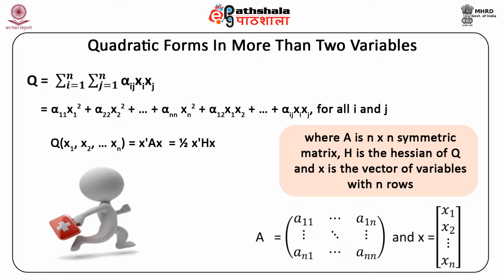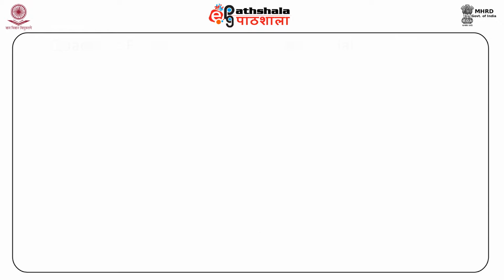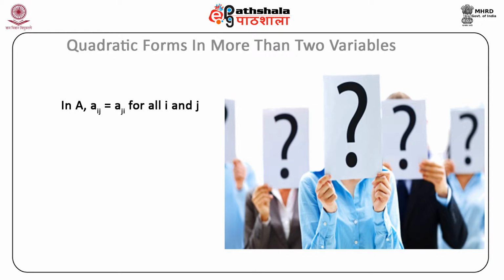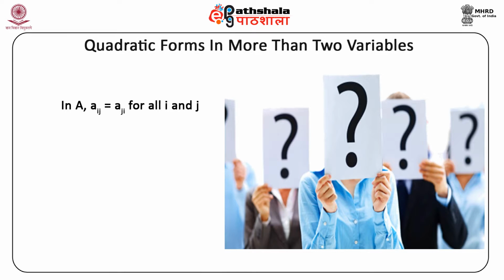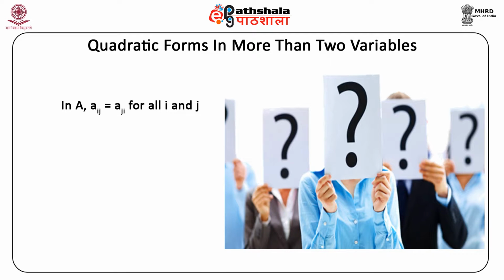A is equal to the matrix with entries a11, a12, and so on till a1n, a21, a22, and so on till a2n, and so on till an1 through ann, and x is equal to the vector x1, x2 till xn. In A, aij is equal to aji for all i and j.